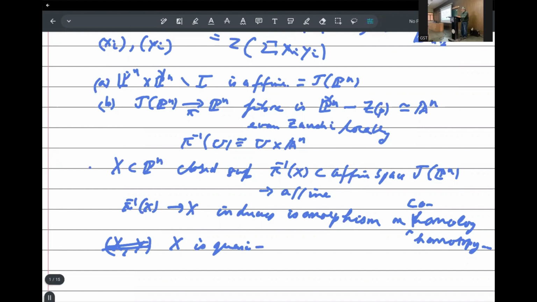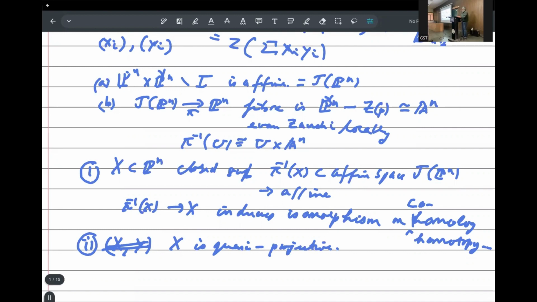So this was case 1, x is closed. Case 2, x is quasi-projective. So maybe there's a complement which is so. It may not be affine or projective. It may be something like A2 minus a point or something, right?